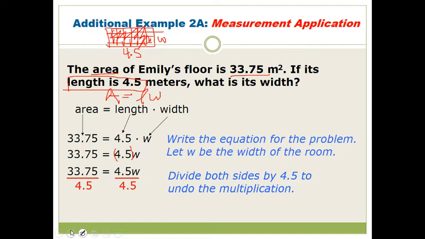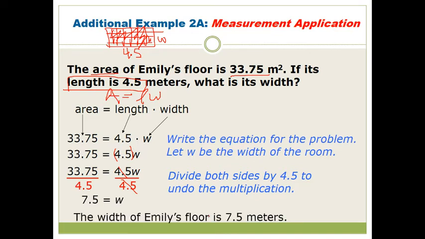And I take 33.75 and I divide it by 4.5. Remember that order matters. And then we get the variable all by itself. These cancel. And 33.75 divided by 4.5 is 7.5. So what is 7.5 what? All right, so all of our measurements here were in meters or square meters. So the width here is 7.5 meters. So that's why I put the units with it here when I write it out.